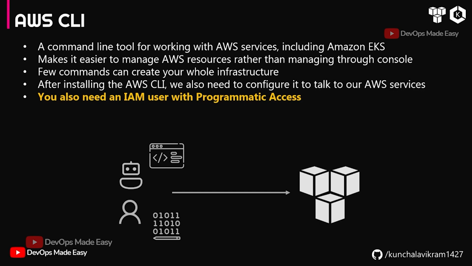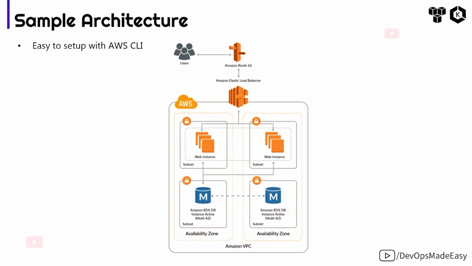If I have to show you this sample architecture, which has two different subnets in different availability zones, an AWS RDS instance, a web service, an elastic load balancer, and the Route 53 DNS service, creating this particular stack will take a lot of time if you are going through the AWS Management Console.